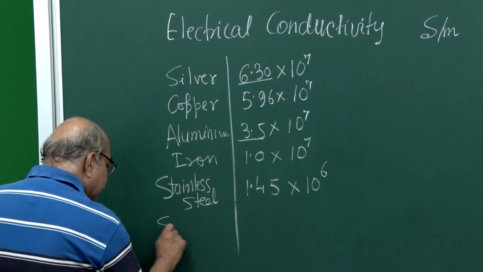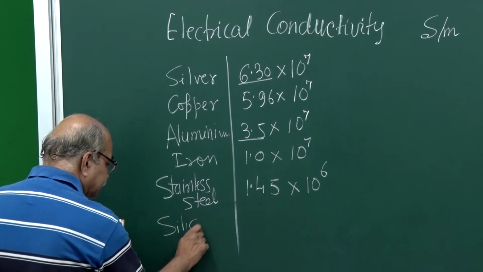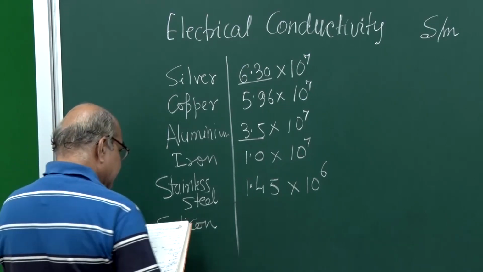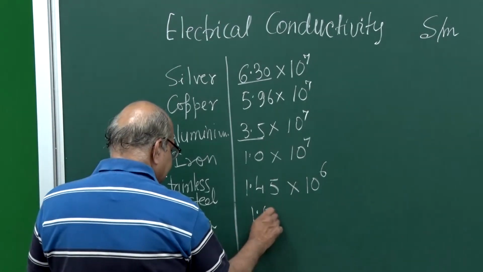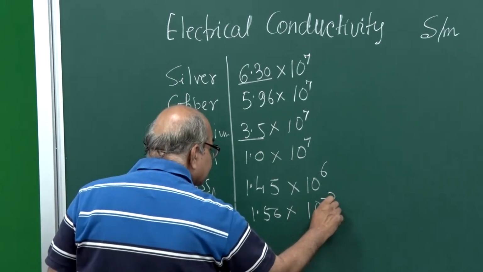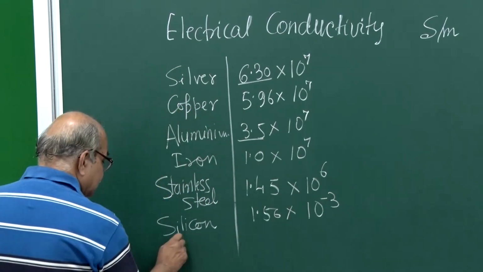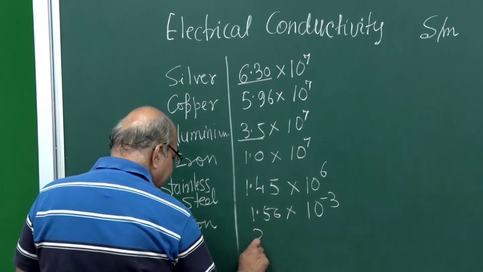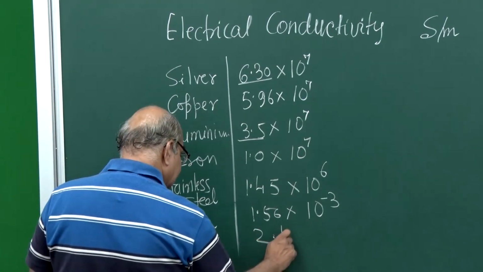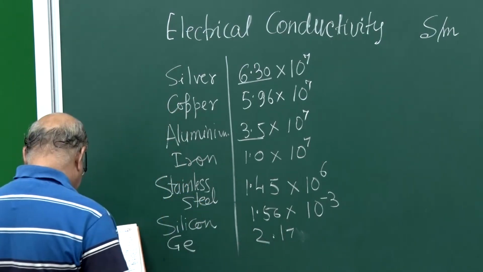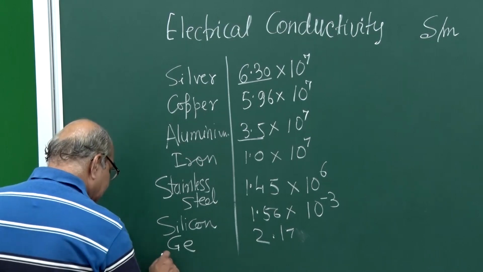And then silicon, the conductivity is 1.56 into 10 power minus 3. Germanium, it is just 2.17. Then you have diamond.